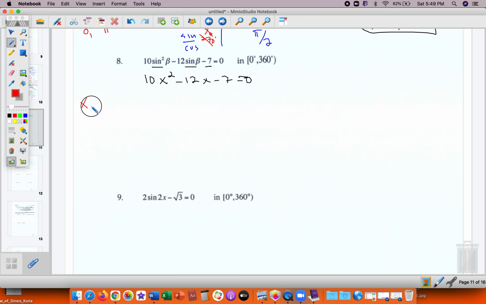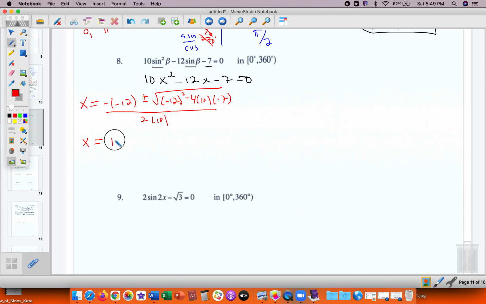If we plug into the quadratic formula, we get x equals negative b plus or minus the square root of b squared minus 4ac, all over 2a. When we simplify this, we end up with x equals 12 plus or minus the square root of 424 over 20.